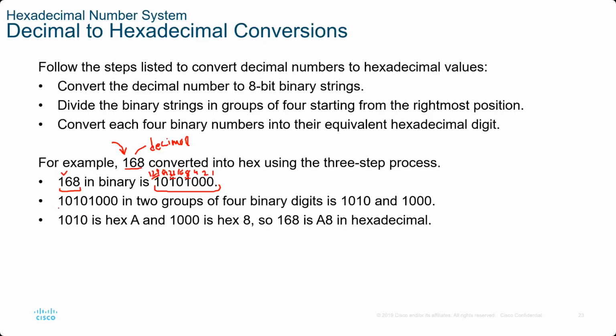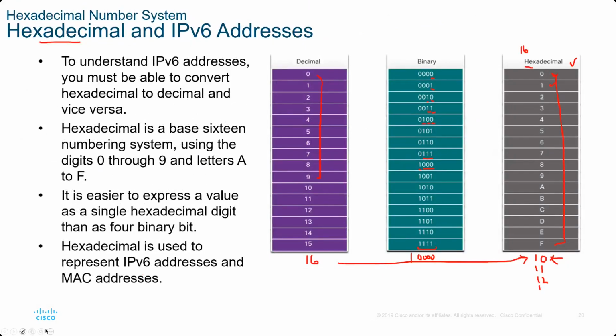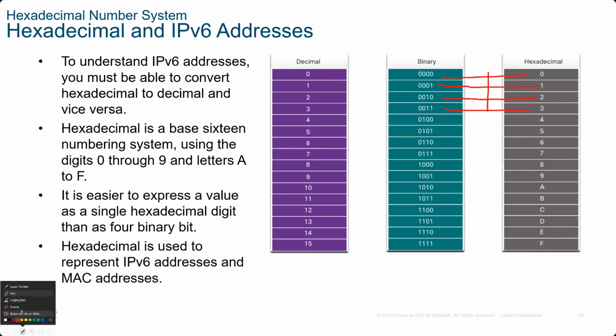Okay? So now you have the binary number, and then converting binary to hex is very easy if you just look at this table. It already gives you that hexadecimal 0 in binary is 4 zeros. A hexadecimal 1 in binary is 0001. A 2 is 0010. A 3 is 0011. Again, you don't have to memorize this if you're thinking that you have to memorize this. This is also done through the same values system.